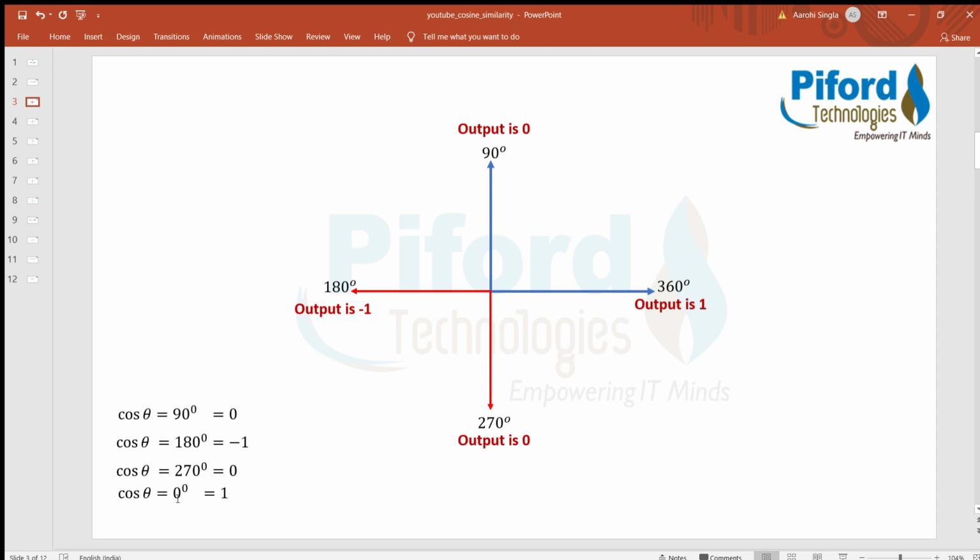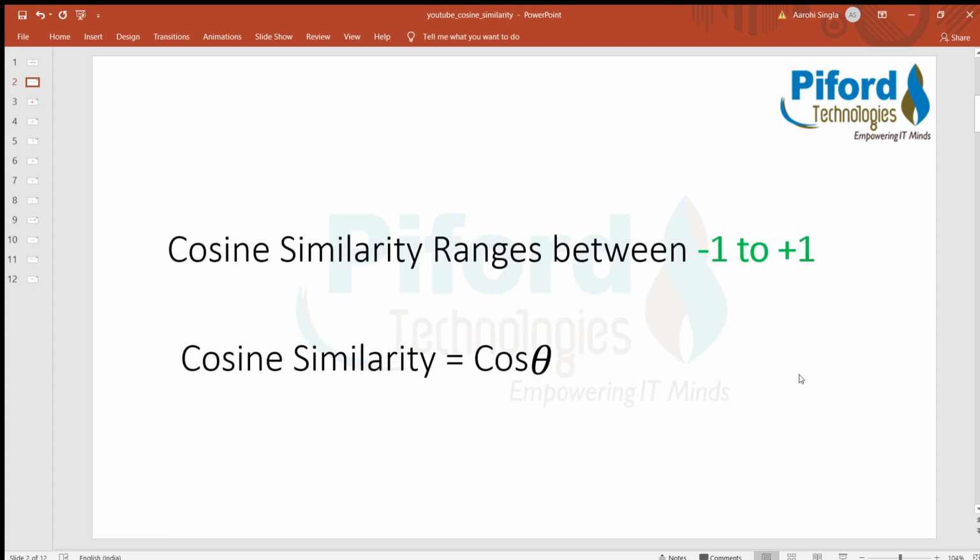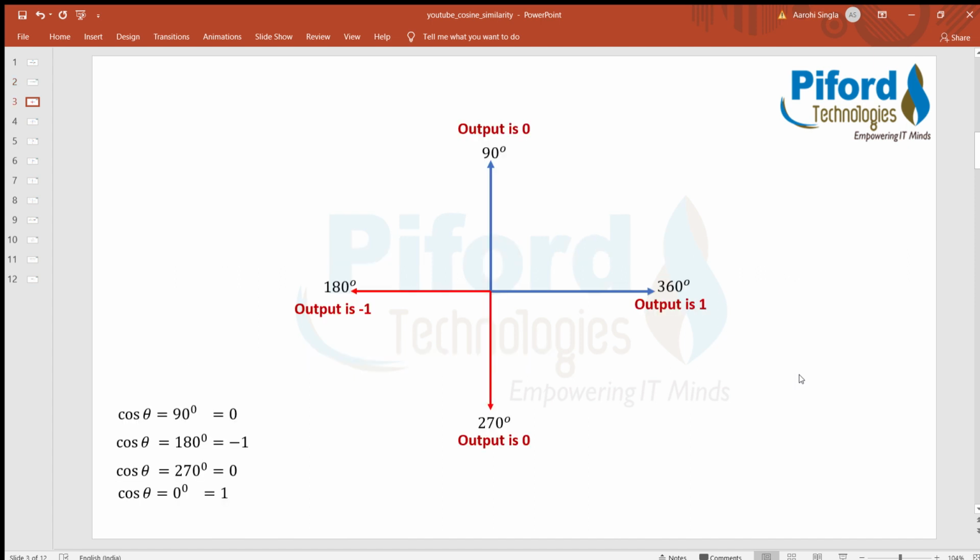And when cos theta is 0 degrees, meaning the same angle as 360 degrees, you get output 1. So on different angles our value lies between -1 and +1. That's why, while calculating cosine similarity, we get output between -1 and +1, as this figure shows.